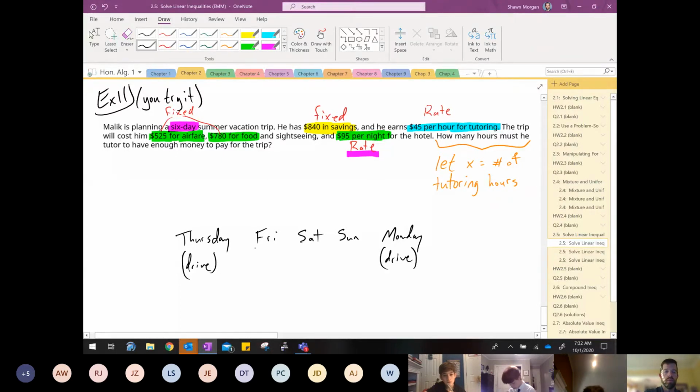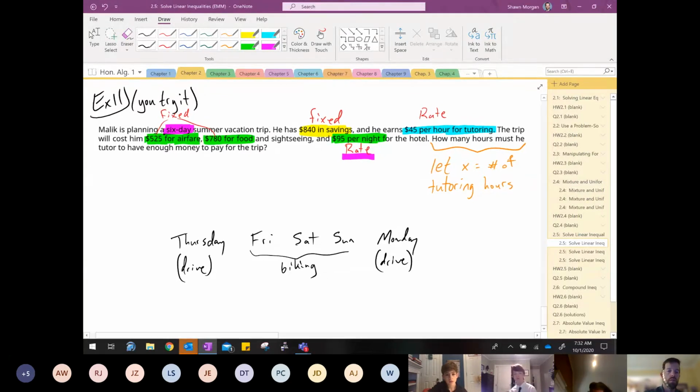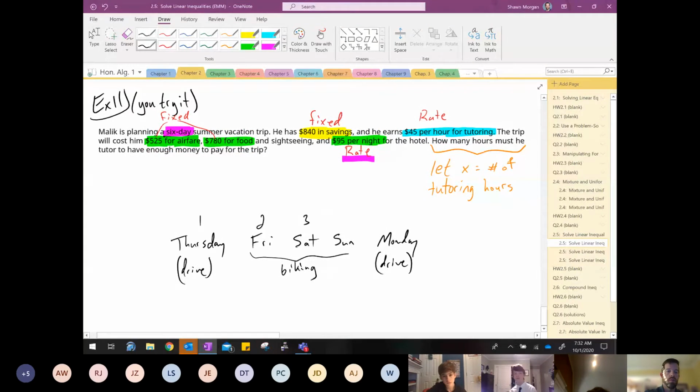So we're going to be biking. We're going to be shredding the gnar, hopefully not falling down a mountain. So how many days would this trip be? 5. Yeah, that's easy, right? 1, 2, 3, 4, 5. That is a 5-day vacation, my friends. How many hotel nights do I need? 3.